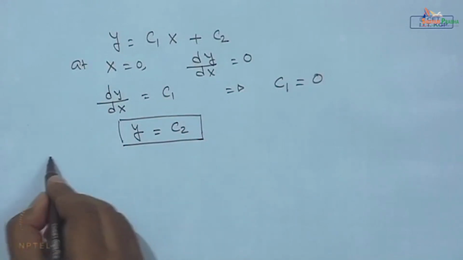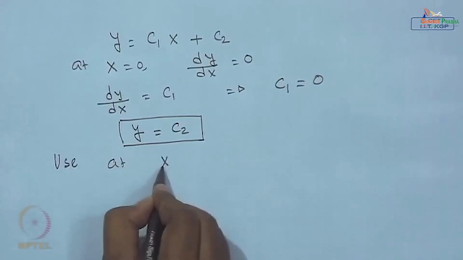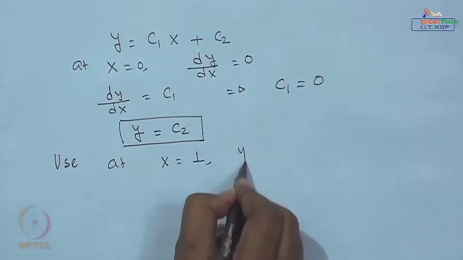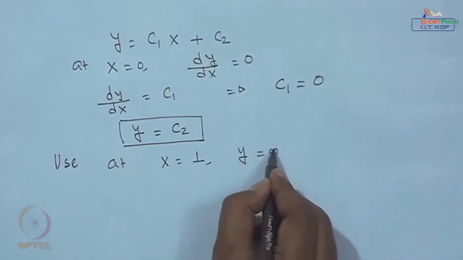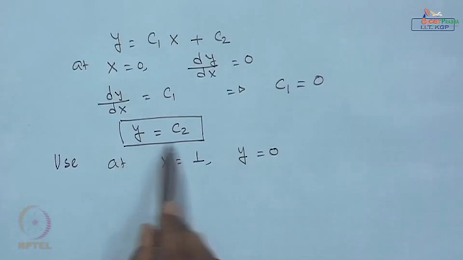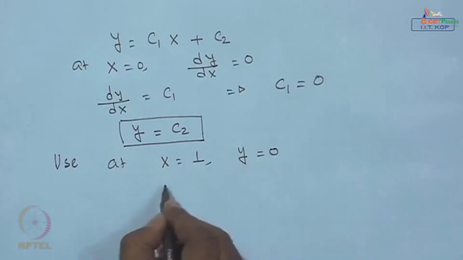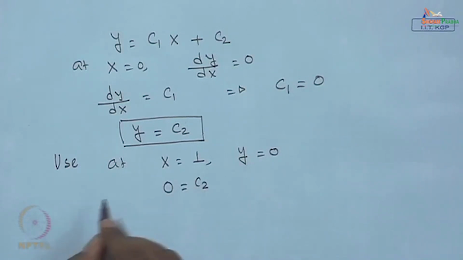Now, use the other boundary condition, that is at x is equal to 1, y is equal to 0. So, there is no variation of y with respect to x. Since y is constant, in order to satisfy this boundary condition, you have to have y is equal to 0, c 2 is equal to 0.